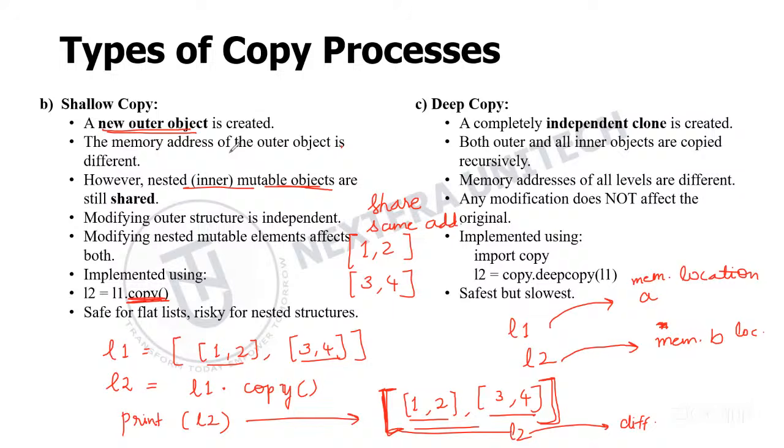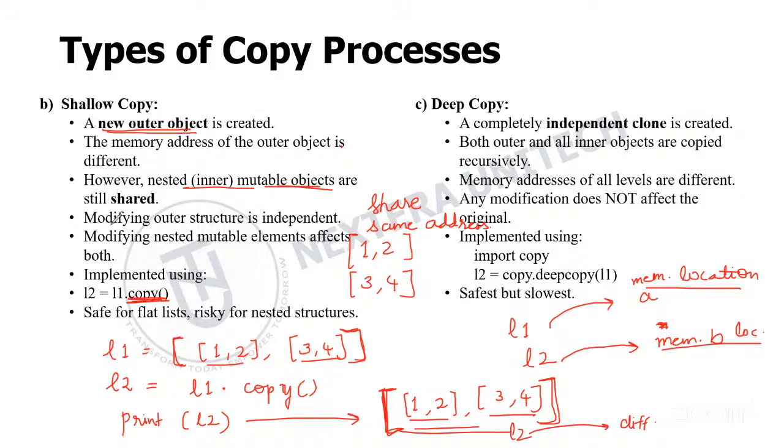So when you perform shallow copy and copy elements of one list object into another, the outer list is stored in a different memory location, but the inner lists will share the same memory location or address.